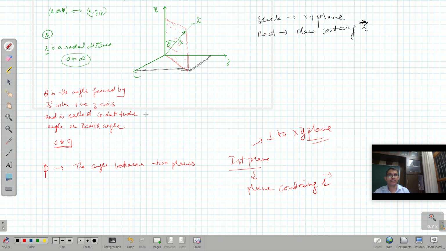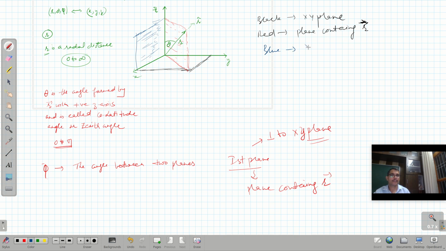And there is another plane which I am drawing right now. That plane is like this. Right. So this is represented by this blue color.